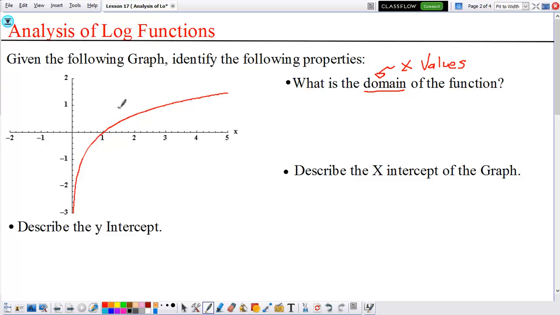Here's our graph, and we can determine this by just looking at it. The red is our graph. What do you notice about the x values? Notice that you do not have any negative x value here.